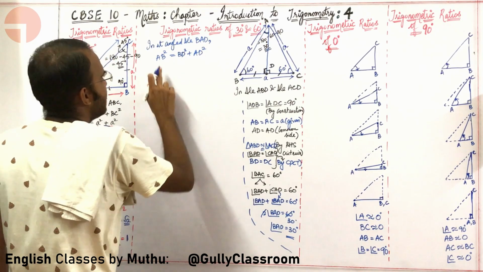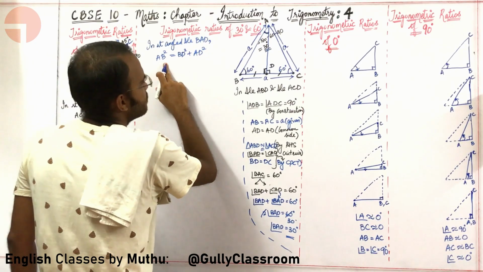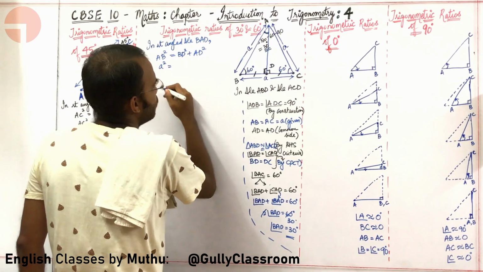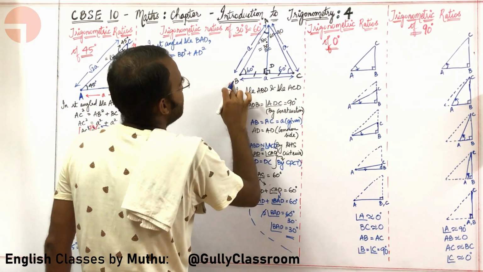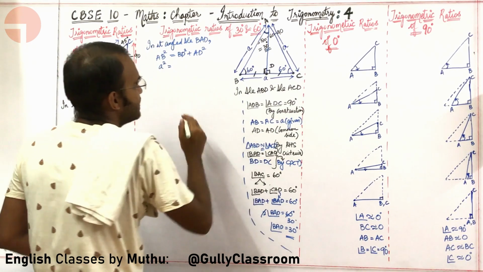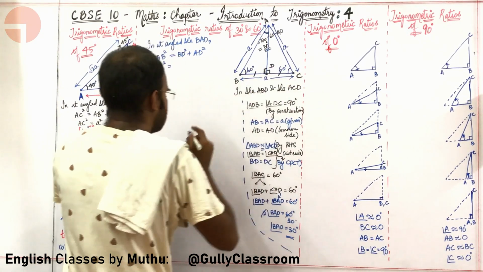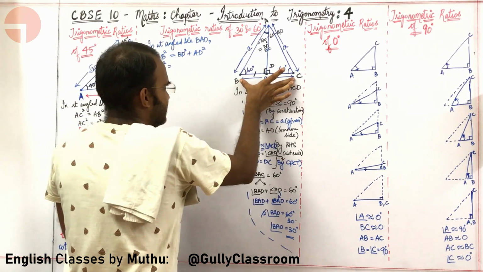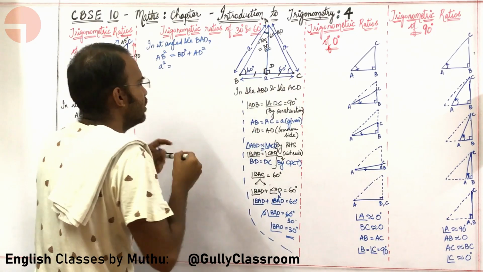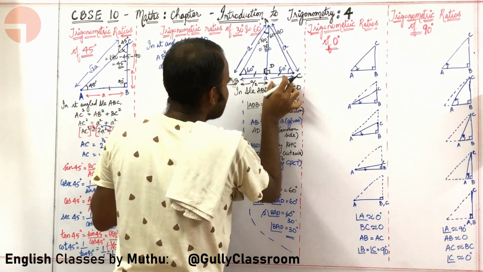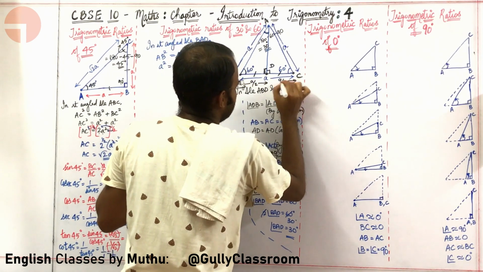Fine. What is the value of AB square? AB square is nothing but A square. What is the value of BD square? We have written that this length and this length are equal. The total length is A. This and this is equal, so this is going to be A by 2 and this length is going to be A by 2.